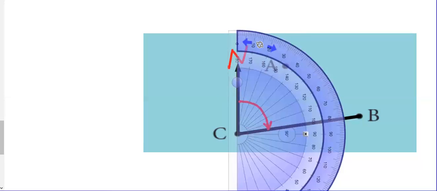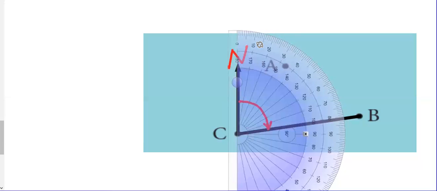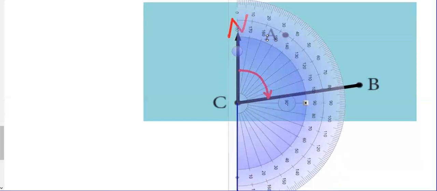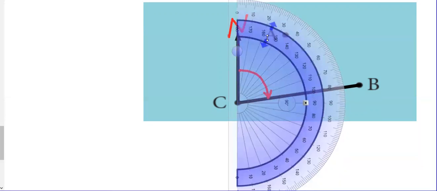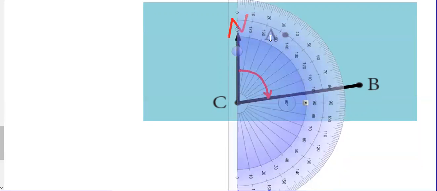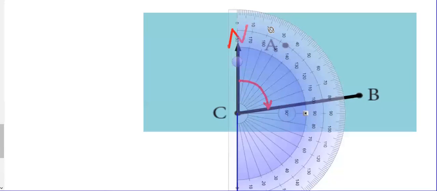Those outside numbers are the ones we use when measuring the angle in the sense of clockwise. The numbers here are used when you are measuring the angle anti-clockwise, but we don't need those because we are measuring the angle clockwise, and these are the numbers we'll be reading.